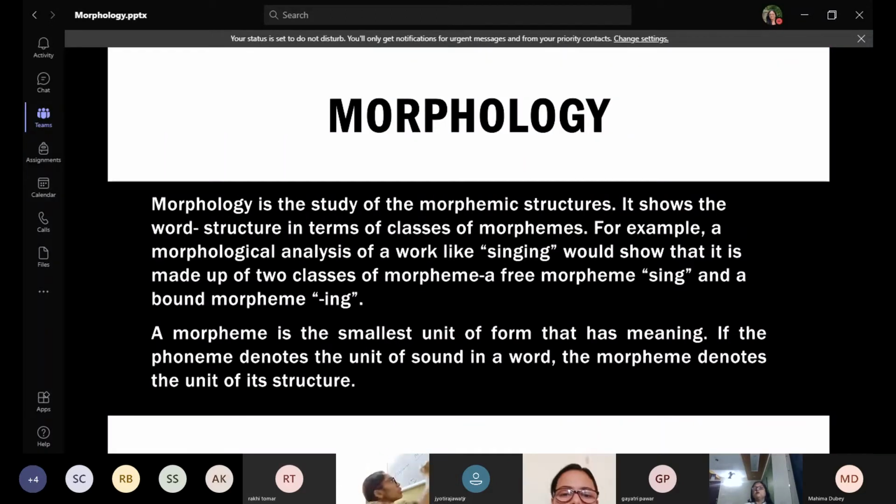Morphology is a study of morphemic structure. When you know the meaning of morpheme, then you can say what we are doing exactly in morphology. We are studying morphemic structures. We are studying morphemes. It shows the word structure in terms of classes of morphemes.